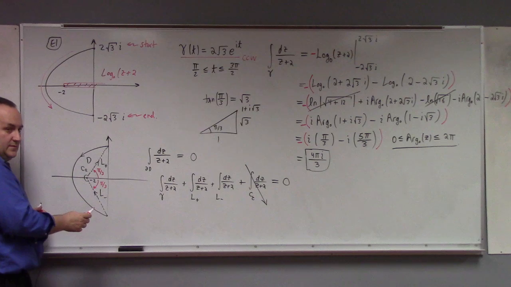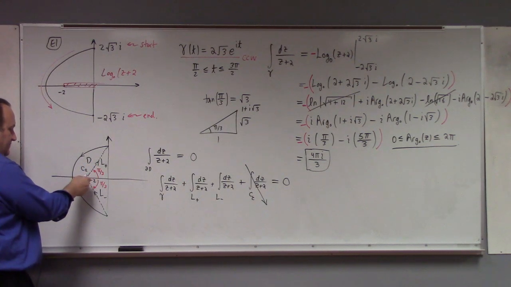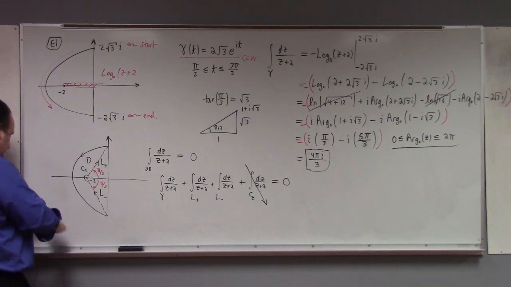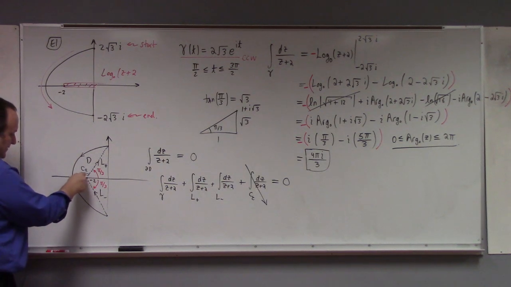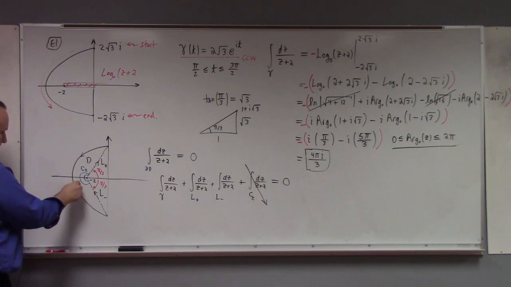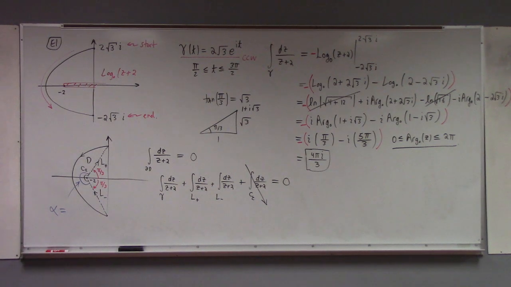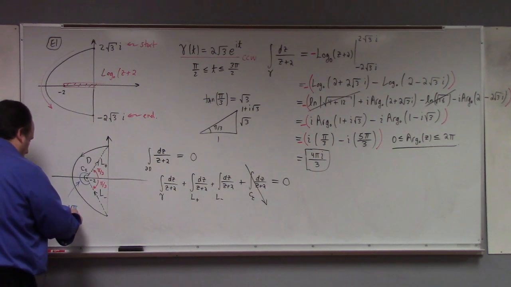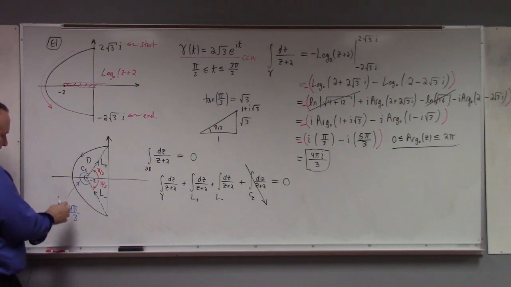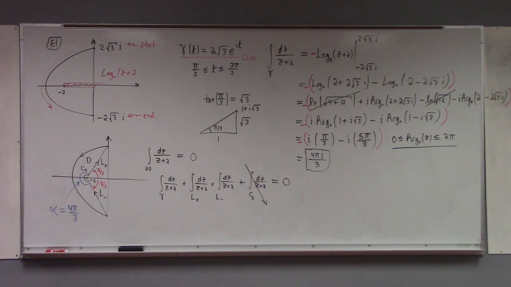What's the angle subtended on the other side? Alpha equals to what? Yeah, 4 pi over 3. To check, this plus that gives me 2 pi. 6 pi over 3, 2 pi.